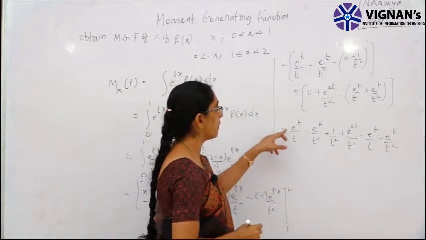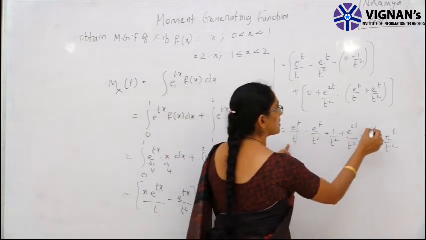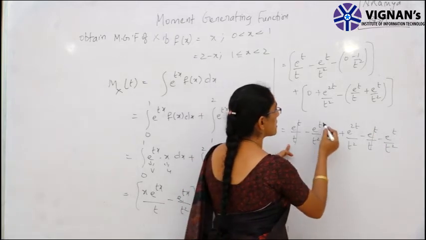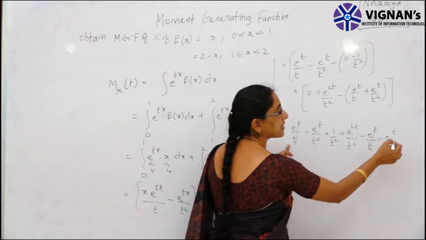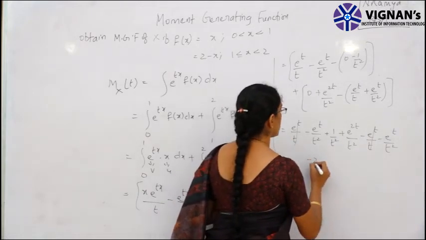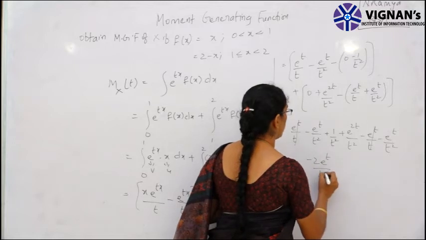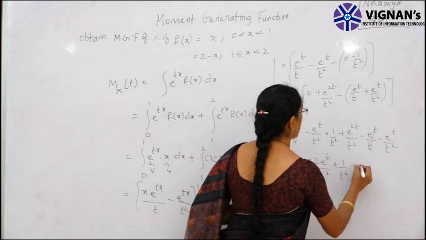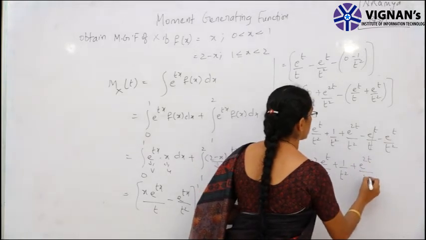So here e power t by t and minus e power t by t will get cancelled, right. So here minus e power t by t square minus e power t by t square, right. So this can be written as minus 2 into e power t by t square plus 1 by t square plus e power 2t by t square.